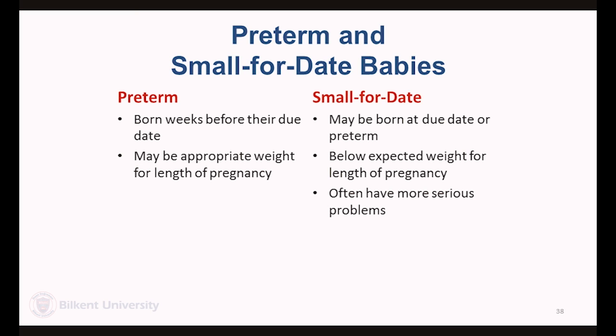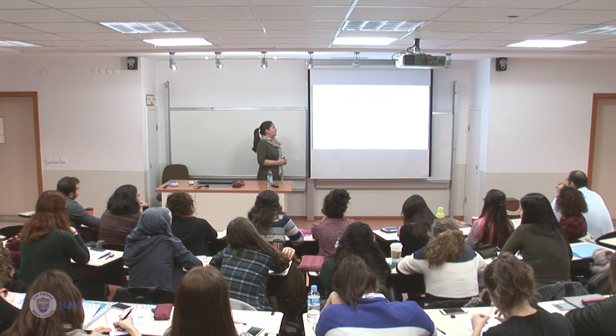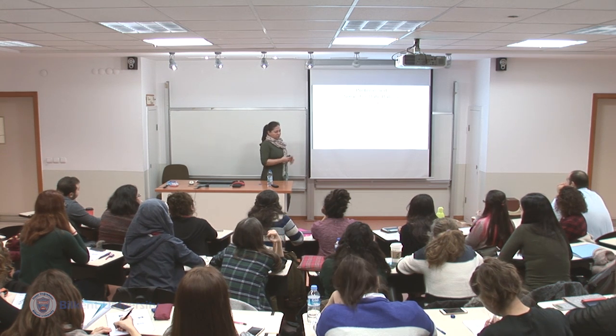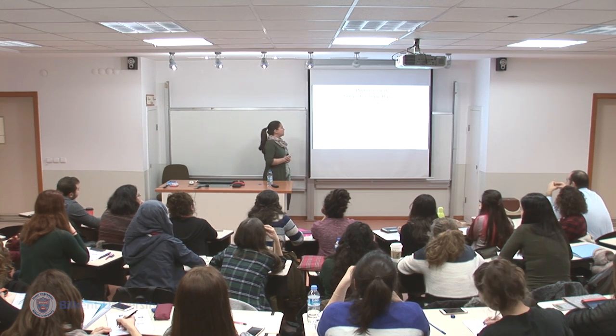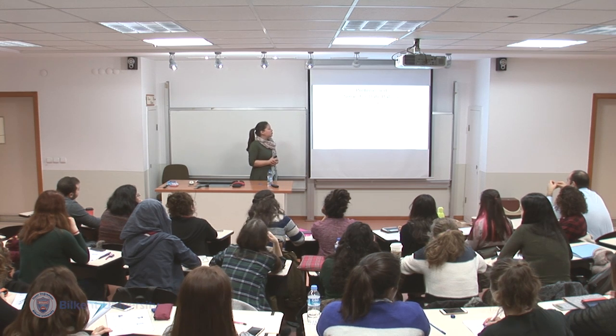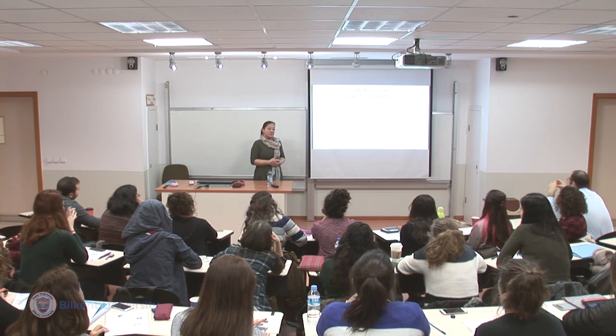What are preterm babies and what are small for date babies? Preterm babies are babies that are early arrivers. So they come before the expected due date. We also call them premature babies, right? They may be appropriate weight for length of pregnancy.